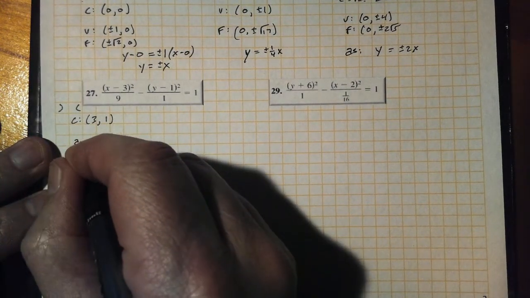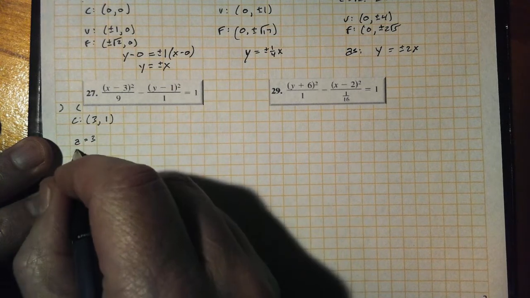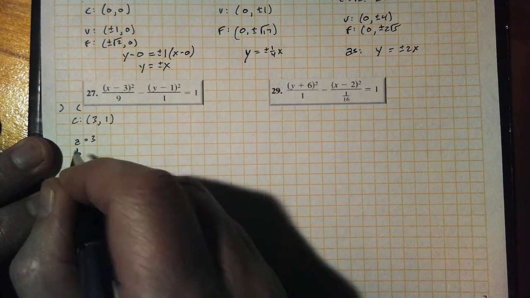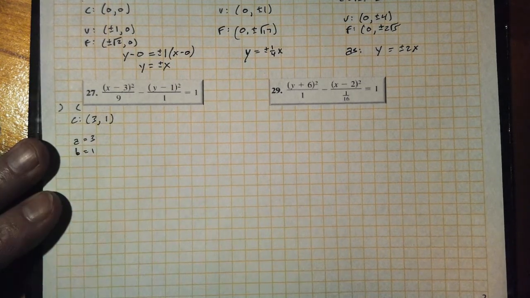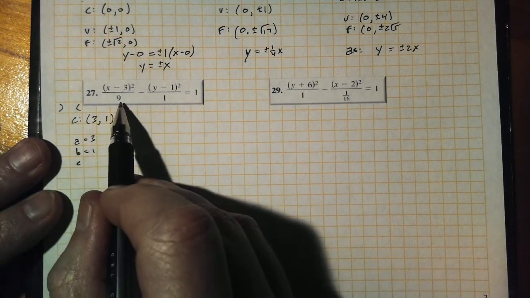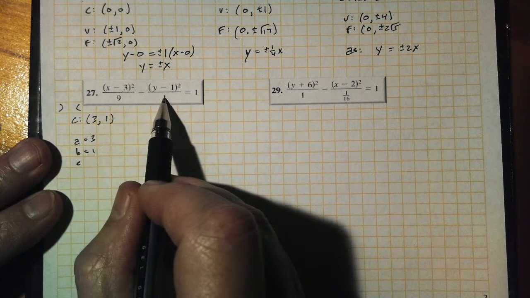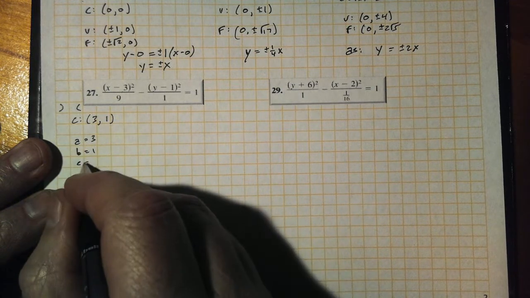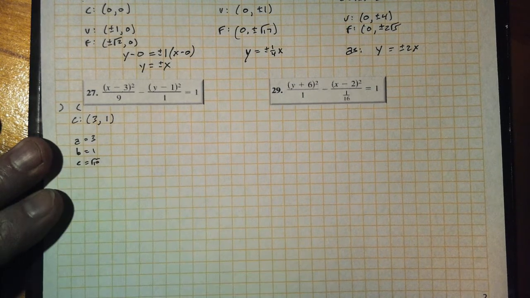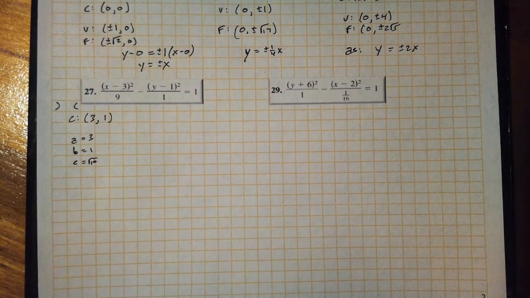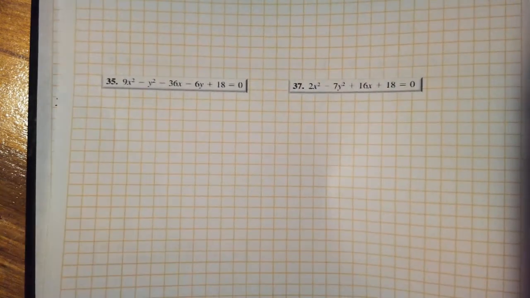We know that A is 3. We know that B is 1. And we know that C is the square root of A squared plus B squared, 10, the square root of 10. C is the big one. All right, so they've done most of the hard work for us. Again, it's not like this problem where we're going to have to complete the square.